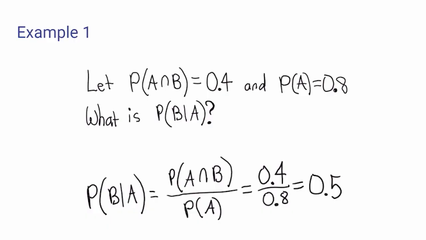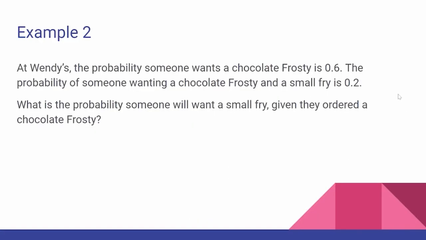We're looking for probability of B given A. So, probability of A intersect B, we were told, is 0.4. And the probability of A, we're told, is 0.8. So, probability of B given A, which equals probability A intersect B over probability of A, is equal to 0.4 over 0.8, which simplifies to 0.5. So probability B given A equals 0.5.